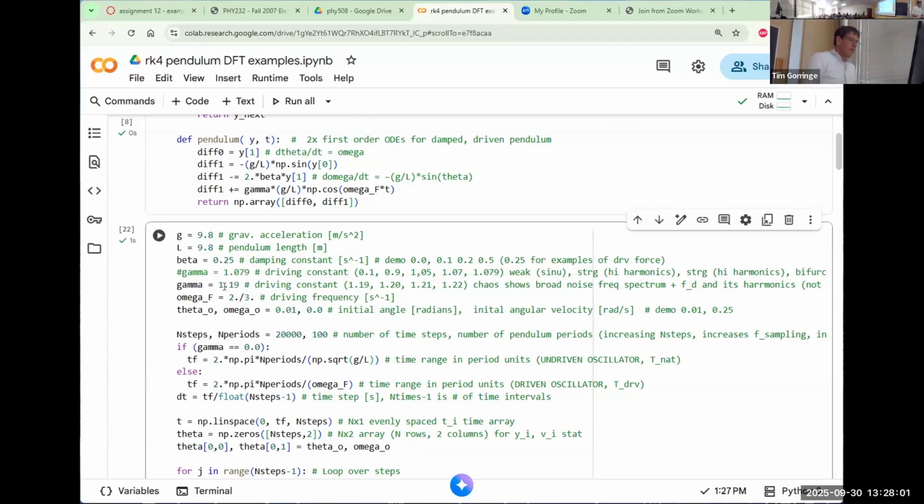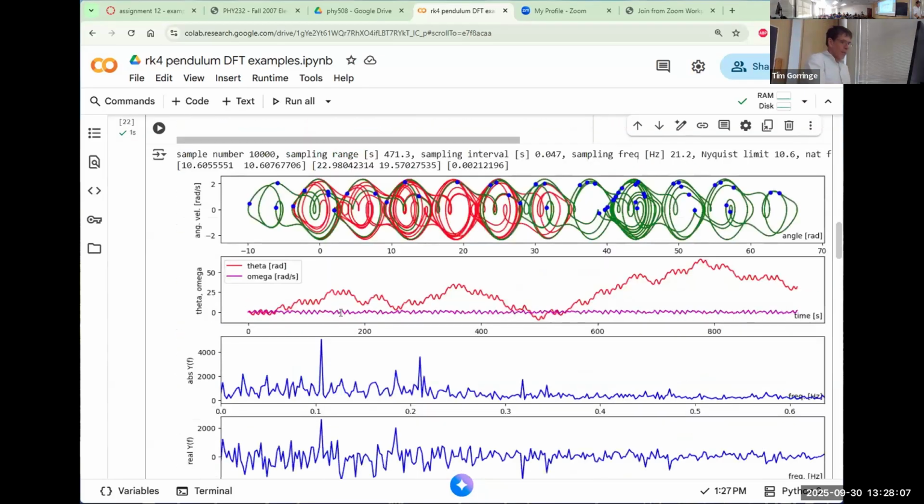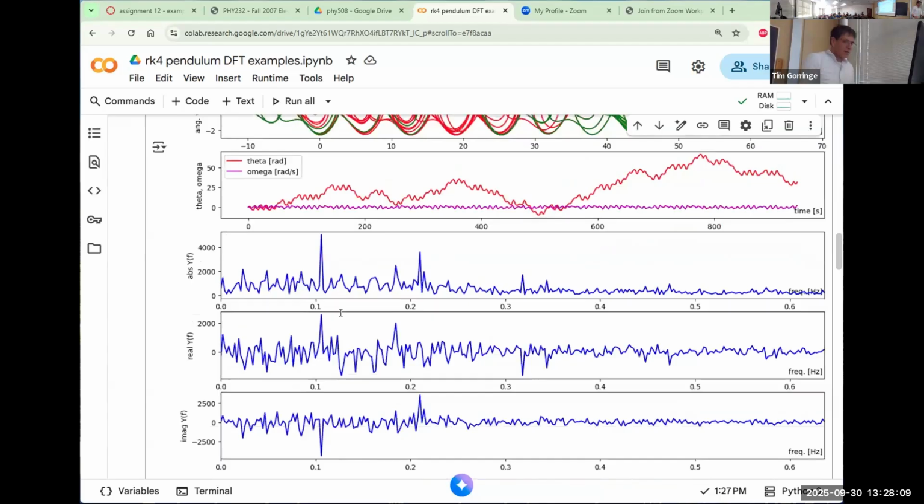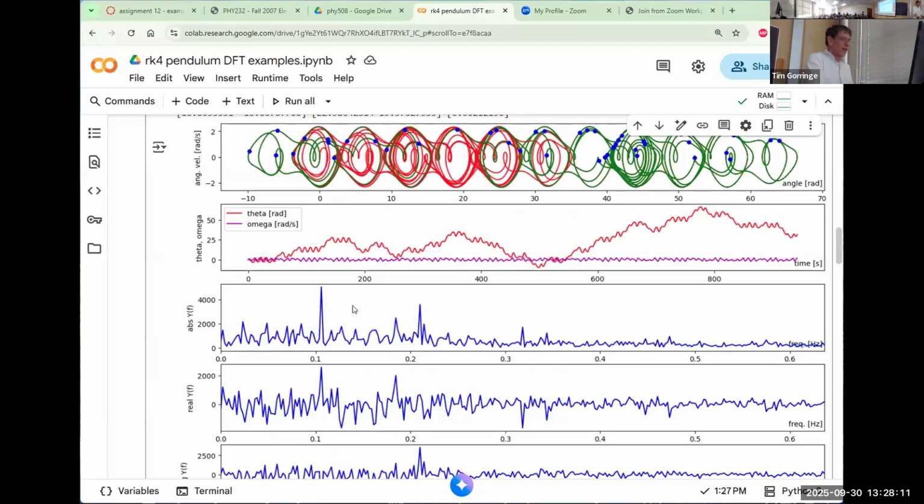But if we were to increase gamma by another 10%, this is gamma of 1.19, we have moved from the region of bifurcation and steady state motion to beyond bifurcation, in chaotic motion.